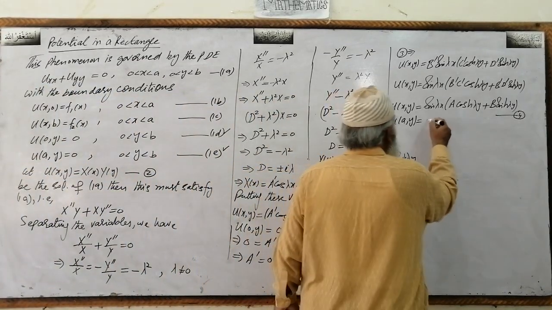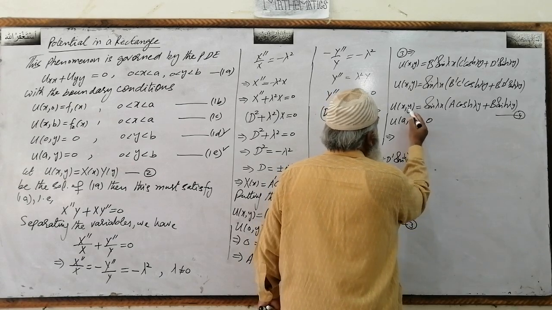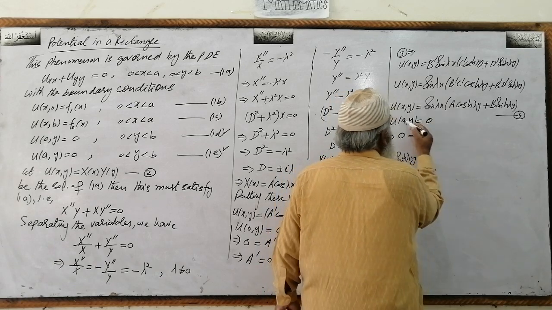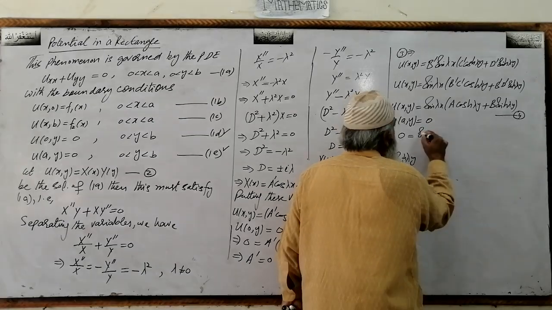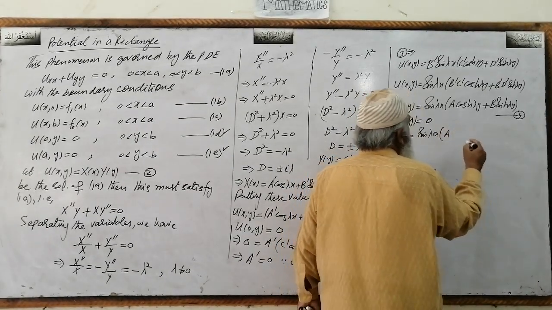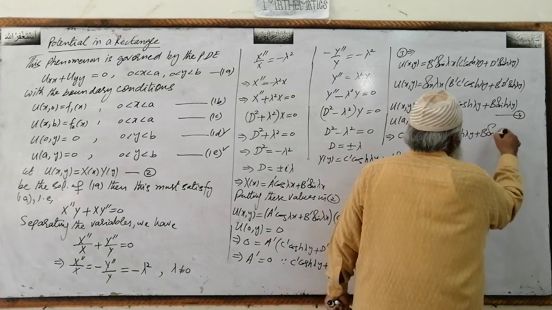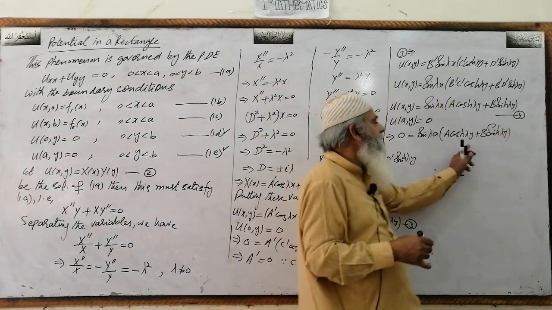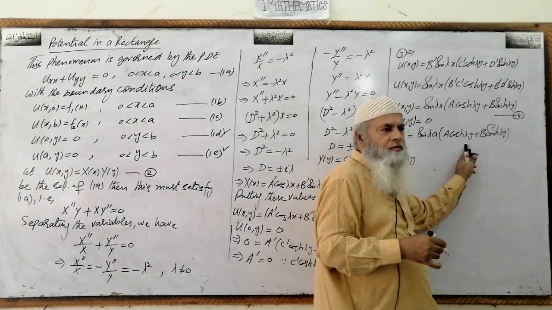Here put x is equal to a in place of x. This becomes sine lambda a, and this term will remain as it is, a cos hyperbolic lambda y plus b sine hyperbolic lambda y.